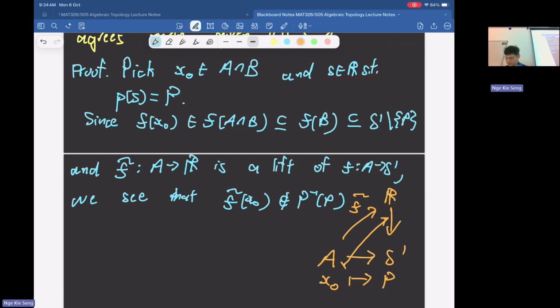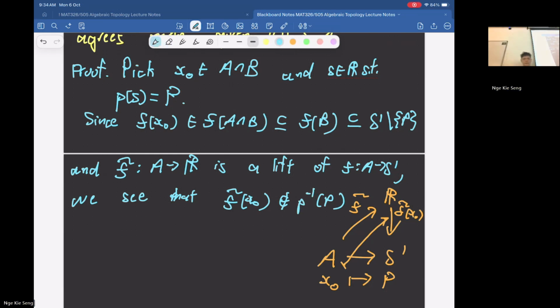So you send it up by F tilde, something inside the intersection. So it shouldn't live inside the inverse of P. This P is small p, a projection.